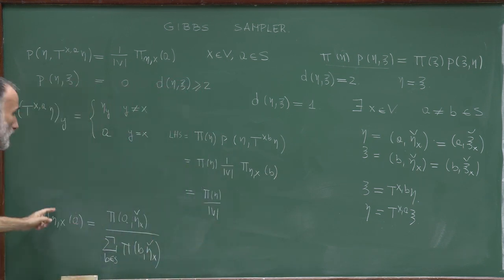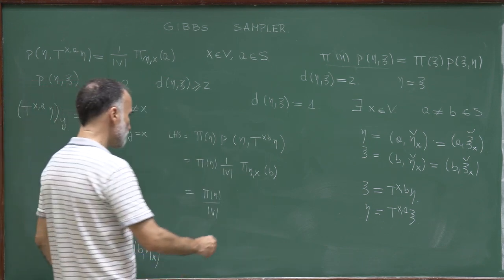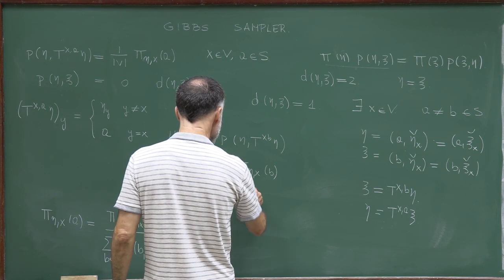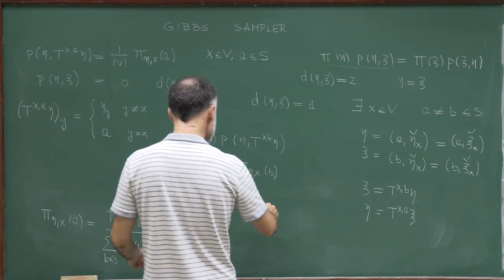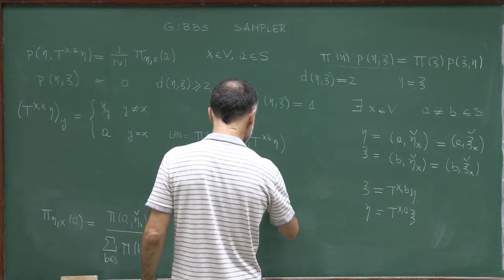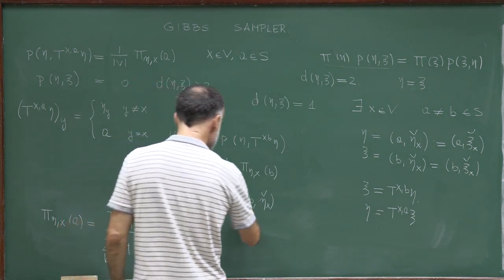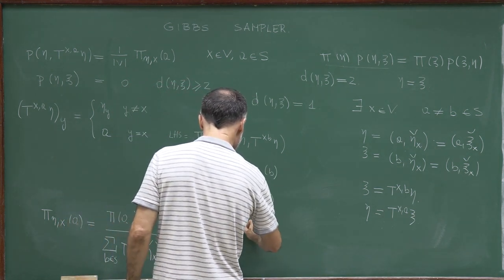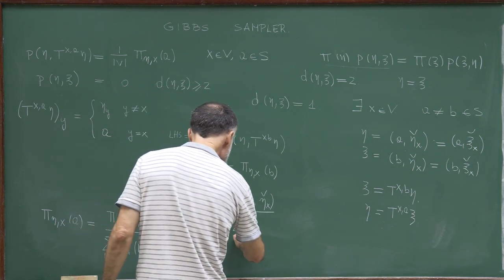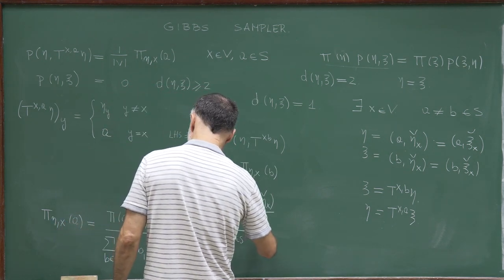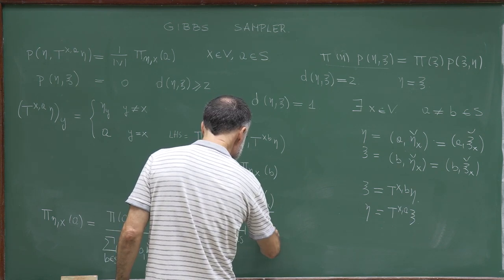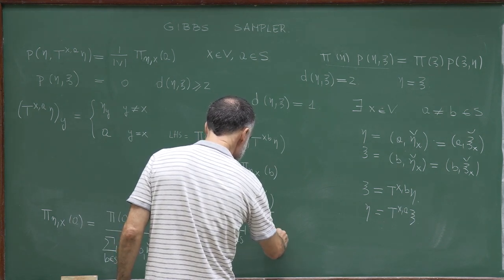And now let's write what is p eta x b. So this is p b eta ch x divided by the sum. Here I'm not allowed to use b, so c in s, p c eta ch x.